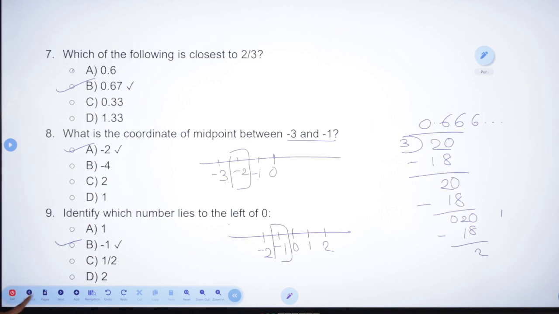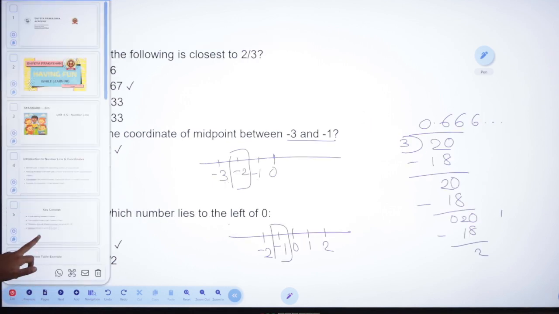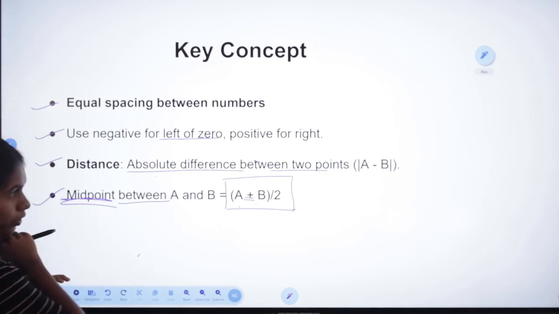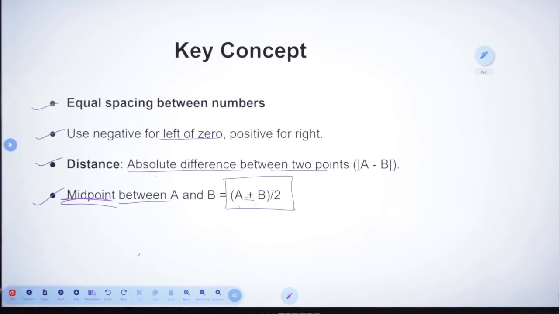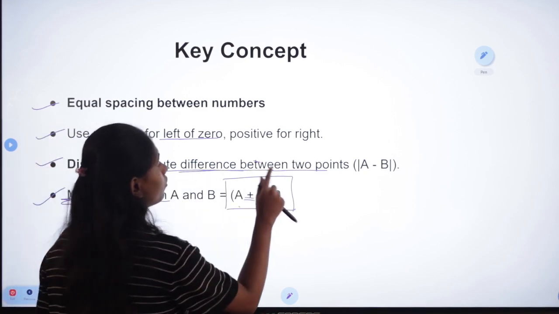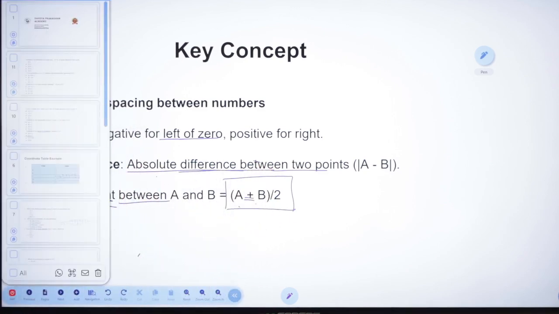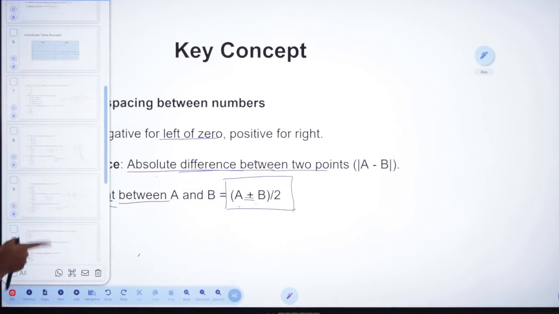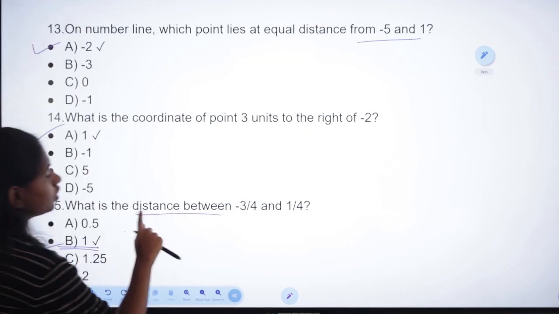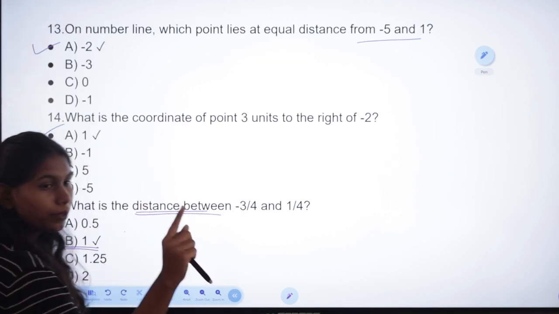This is the formula to find the midpoint between them, and here is the formula for the difference between them. For the previous question, we were finding the distance or the difference between them.